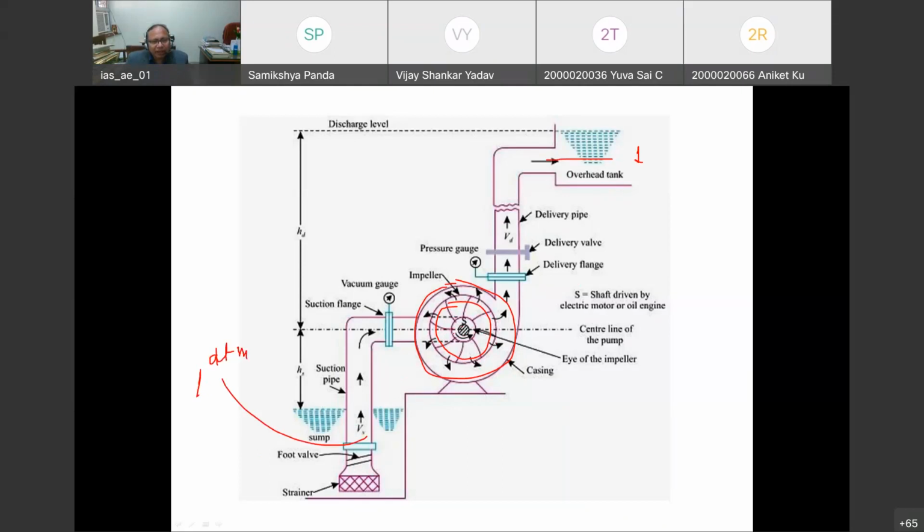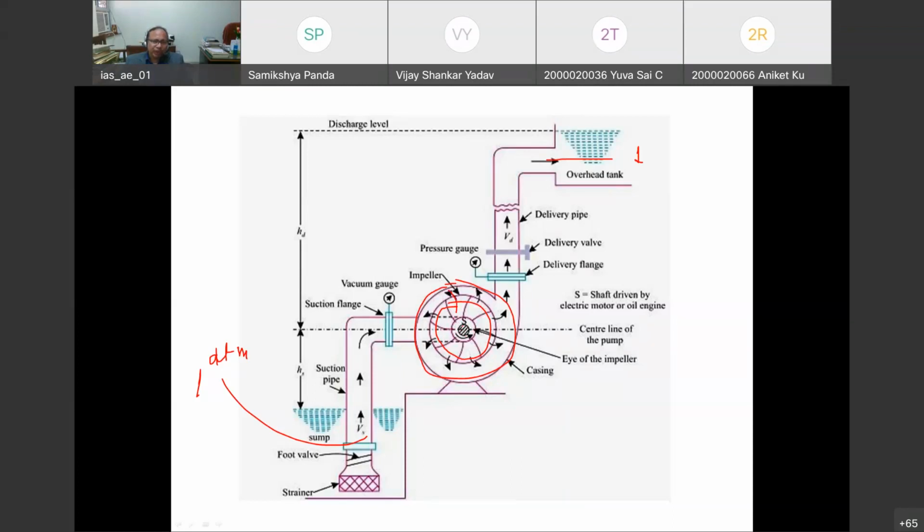Because of the rotation at very high speed, a low pressure zone is created at the eye of the impeller, because whatever is coming, whether air or anything else, goes outward due to centrifugal force.